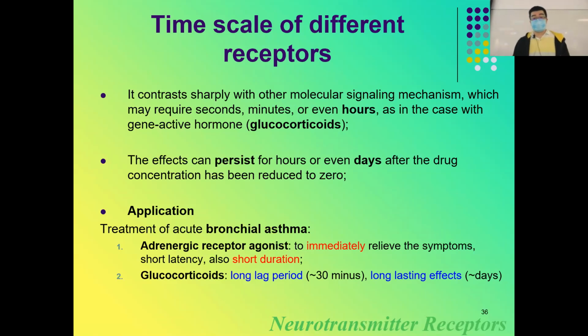Now, this has implications on the use of drugs for the treatment of different diseases. For example, in the treatment of acute bronchial asthma. Now, asthma is actually a very serious condition. People actually can get killed by it. Okay, it is a very serious condition; in other cases, asthma or allergy can also result in serious effects.